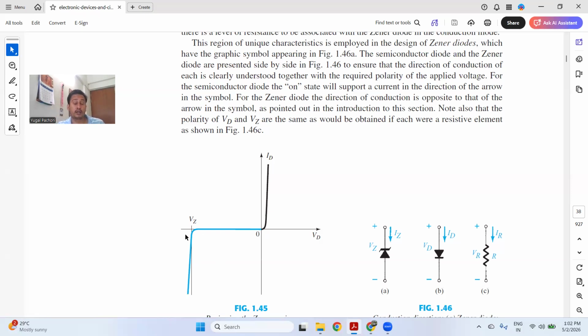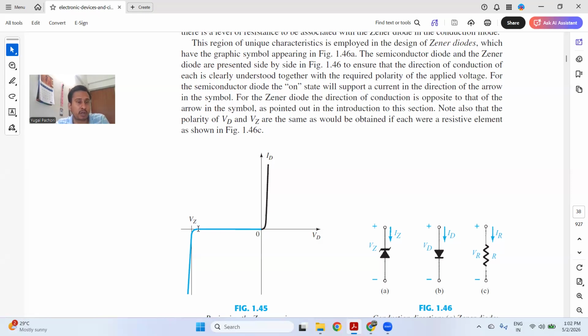Why? Because the Zener diode is heavily doped, and when it is manufactured, it is set at a certain Zener voltage, and that Zener voltage is a constant voltage that the diode will supply throughout its operation. So the Zener voltage is acting as a constant voltage regulator.